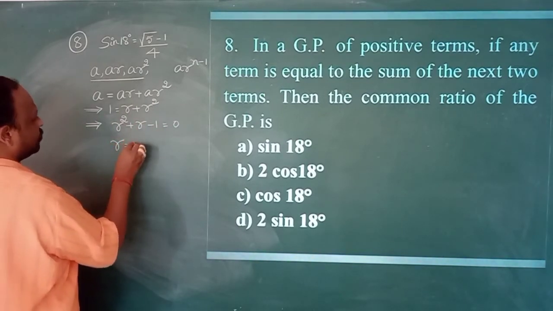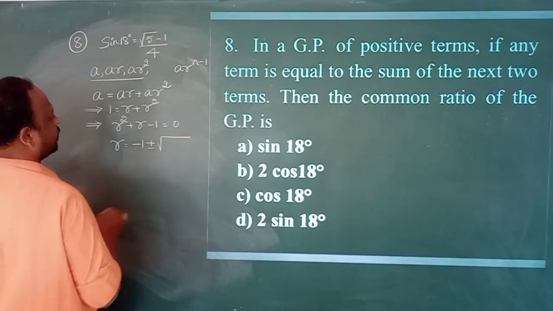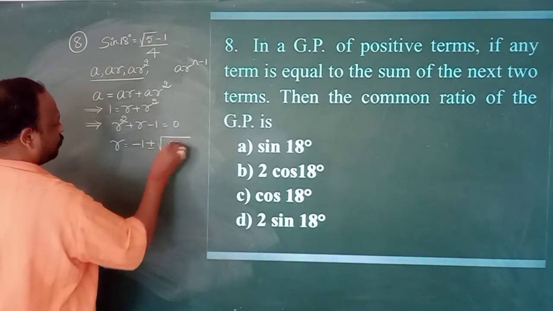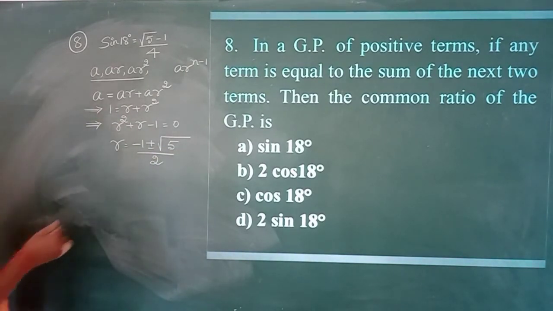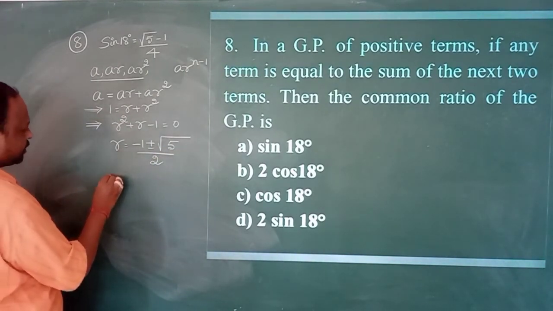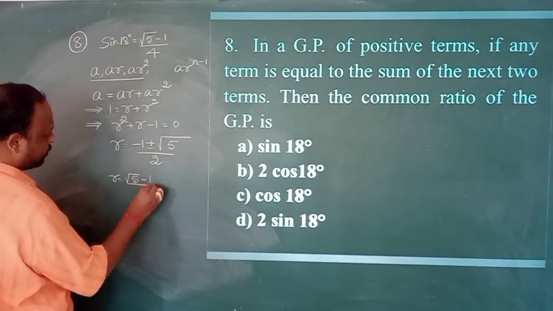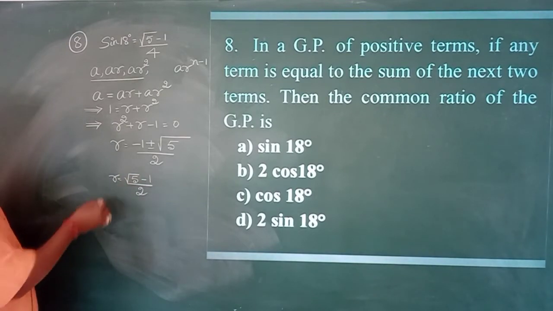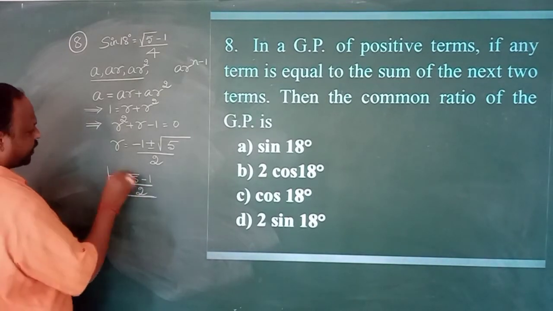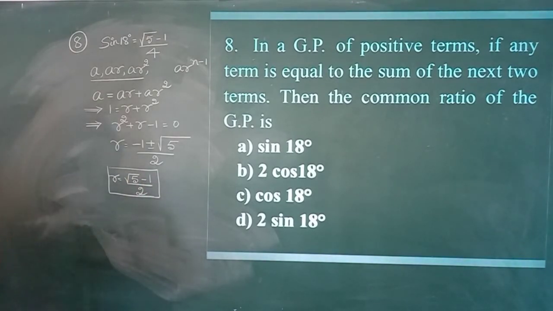r is equal to minus b plus or minus root of b square minus 4ac divided by 2a. So here consider r is equal to root 5 minus 1 divided by 2. This is the common ratio, but no option is there with root 5 minus 1 by 2.